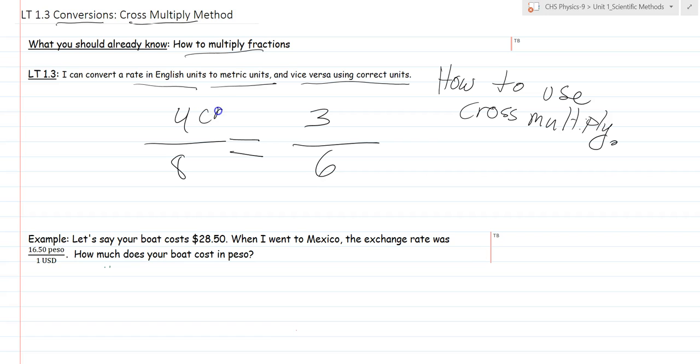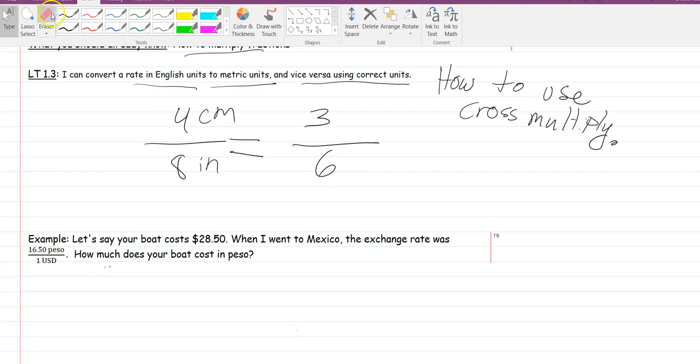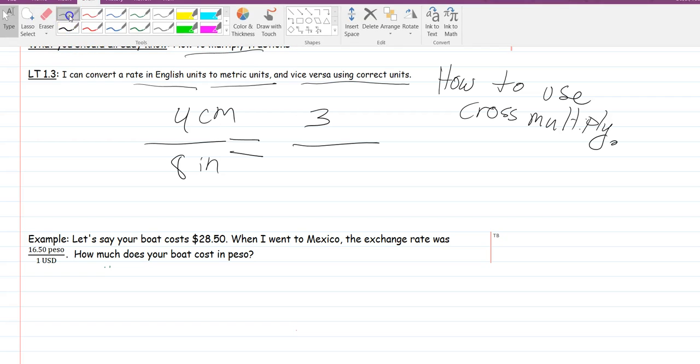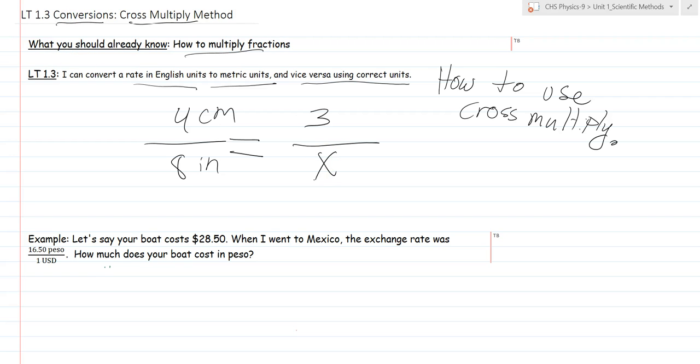Let's say this is 4 centimeters and this is 8 inches. Let's call this one X. You're always going to have something that you're looking for. It could be on the bottom, could be on the top. If these are equal, the units also have to be equal, so I could put centimeters there.